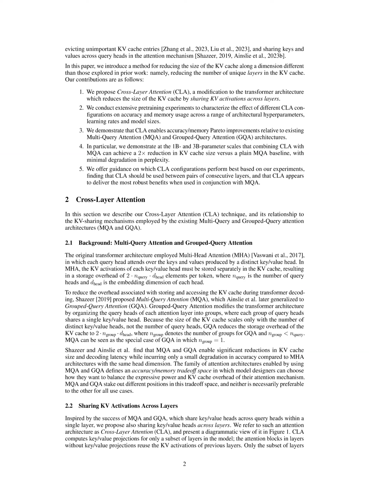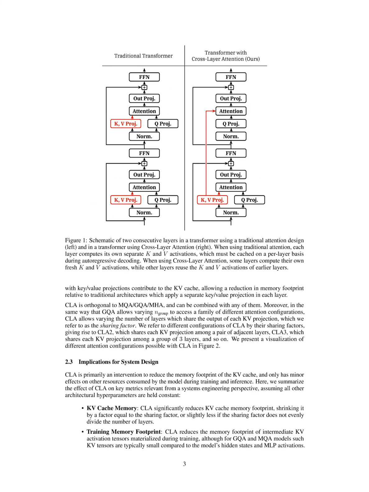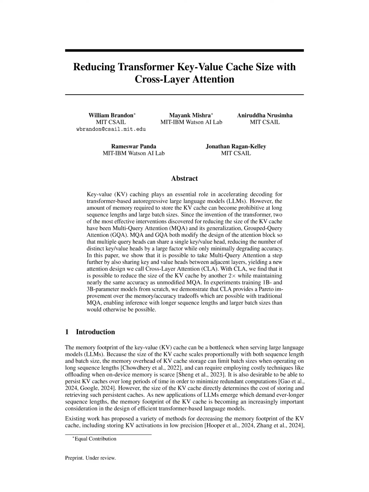with them. The sharing factor in CLA determines how many layers share the output of each KV projection, with configurations like CLA2 sharing each KV projection among a pair of adjacent layers. By reducing the number of unique layers in the KV cache, CLA significantly decreases the KV cache memory footprint, leading to a more memory-efficient transformer model.